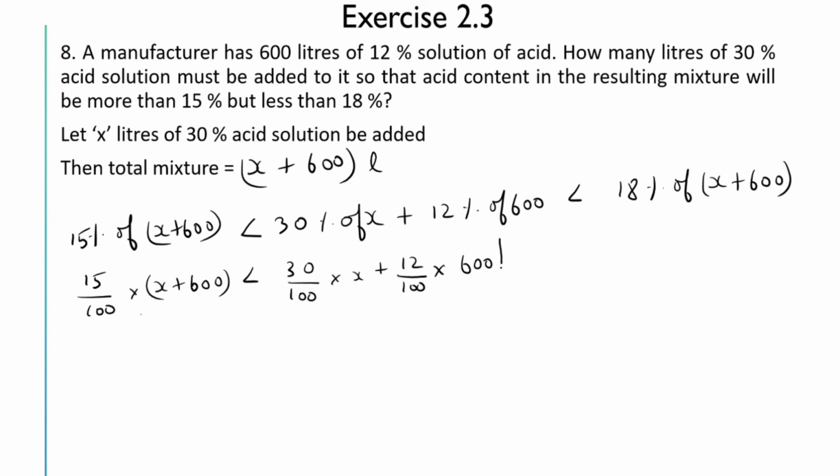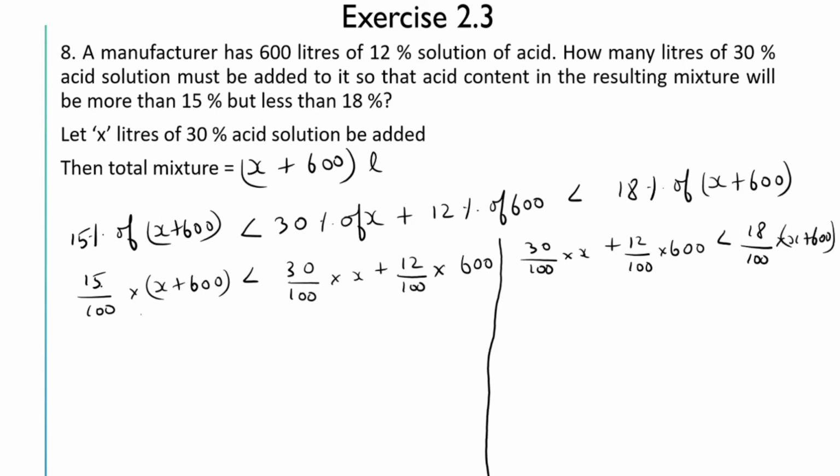Similarly, the other inequality we have 30 by 100x plus 12 by 100 into 600 is less than 18 by 100 into x plus 600. So let us solve this first. So all these 100 will go.